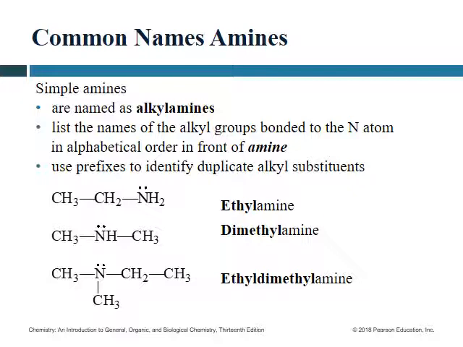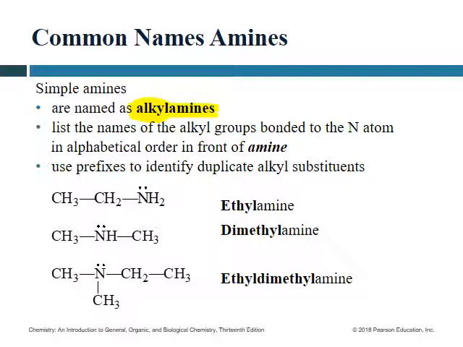In the case of common names, the name is usually called alkyl amine. For now what we were doing is methane amine. We named the alkane and then we added amine at the end, right? In this case, instead of the name of the alkane, you have the name of the alkyl group.